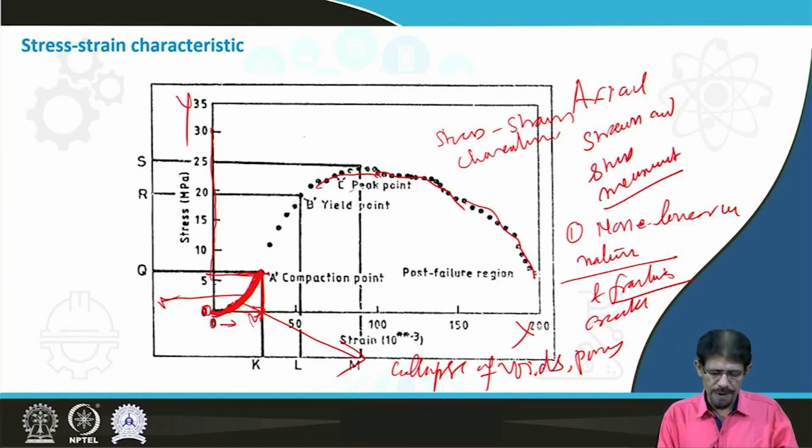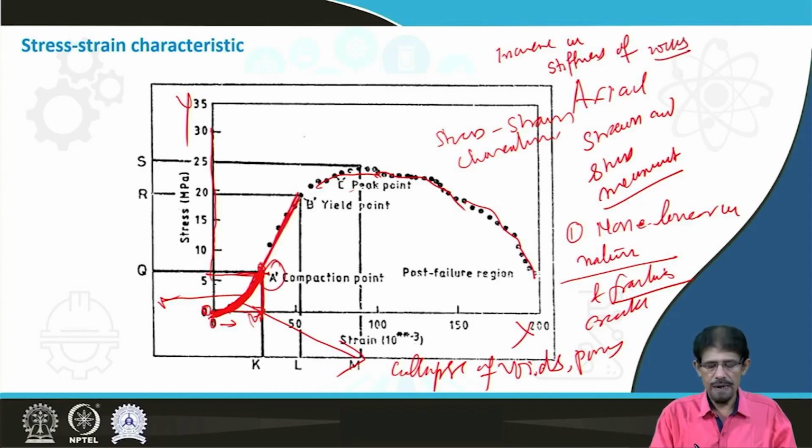After complete closing of voids, cracks, pores, and fractures present in a rock, there is an increase in stiffness of rocks. So this portion between this point and this point represents the elastic region.